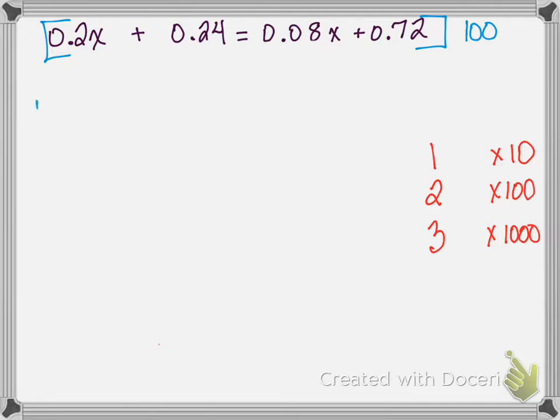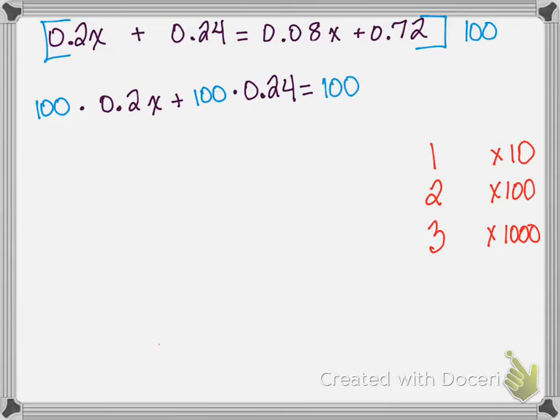Okay? So I have 100 times 0.2x plus 100 times 0.24 equals 100 times 0.08x plus 100 times 0.72.